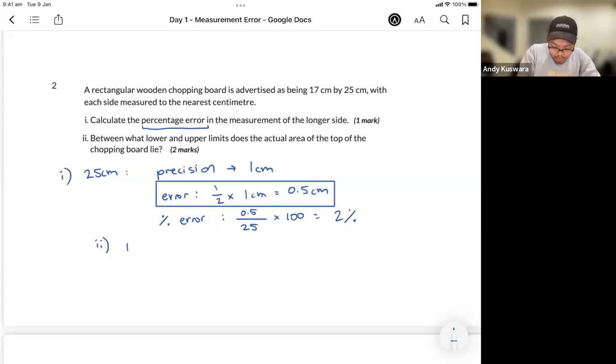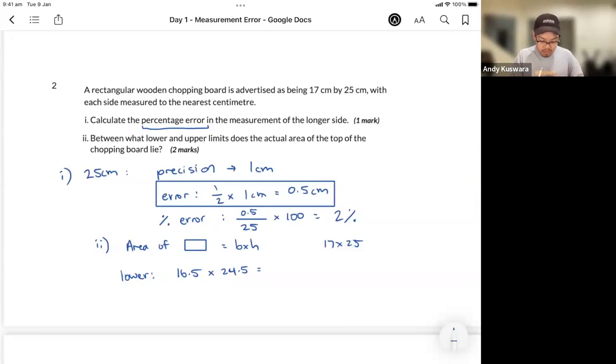The area of this rectangle is just base times height, so in this case it'll be 17 times 25, based on the measurement. However, if we're talking about the lower limit, because my error is 0.5, it could be 0.5 less than our actual measurements, which means it could be 16.5 times 24.5.